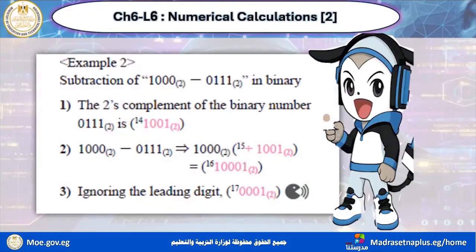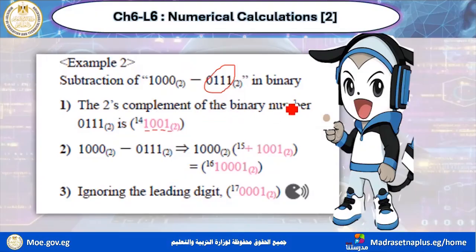Now the binary subtraction. We have 3 steps. First, we find the complement of the second number, the subtrahend. So we need to have the complement of this number. The complement of this number, how it could be 1001.